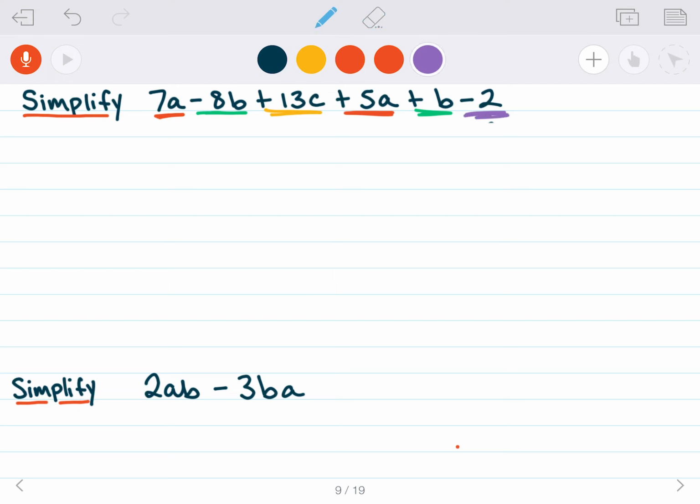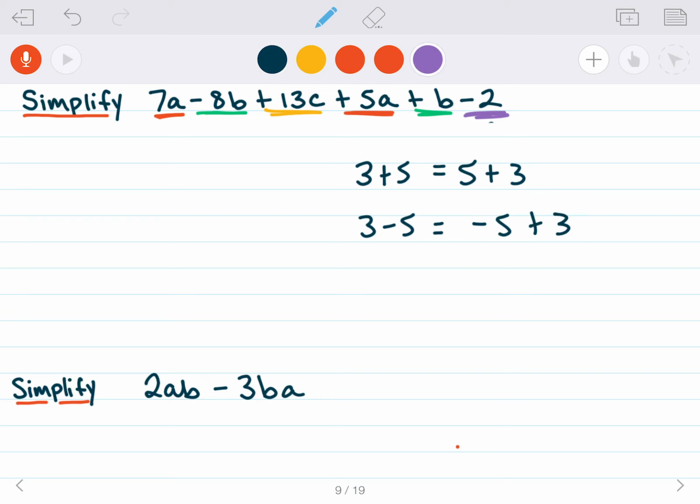Okay, so now that we've underlined our like terms, what I'm going to do is use the fact that I can rearrange addition to put my like terms next to each other. Okay, I'm not doing any combining yet. I'm just saying, well, the laws of addition says that 3 plus 5 is equal to 5 plus 3, and likewise something like 3 minus 5 is the same thing as negative 5 plus 3.